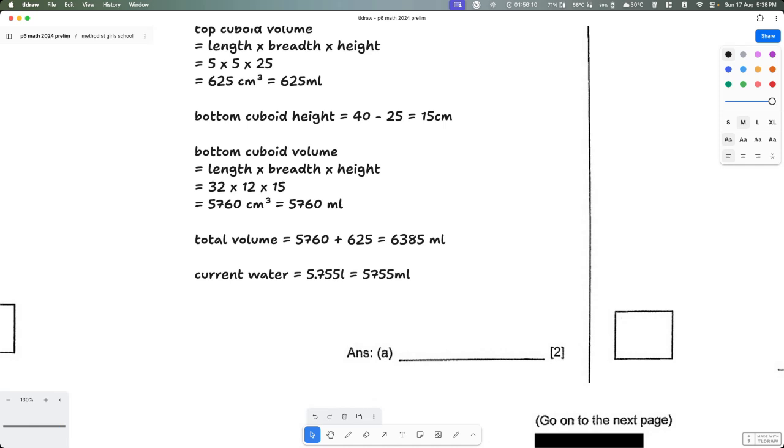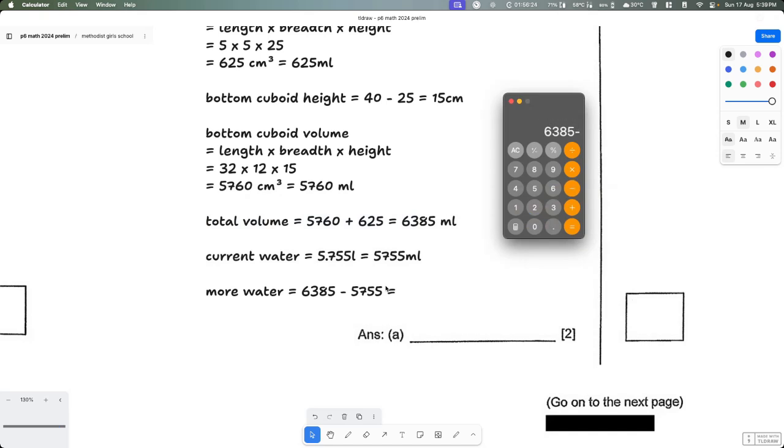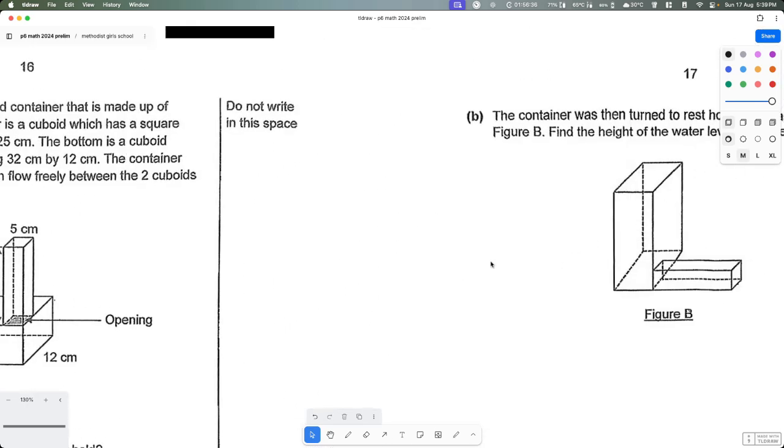So that means more water is equal to 6385 minus 5755, which is 630 milliliters. Right, so that's it. It can contain 630 milliliters more.